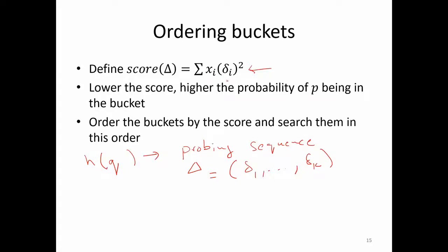Now you are scoring all these deltas using this score function, and the lower scoring delta has the highest probability of p being in that bucket, because it is e to the power minus c times this score function.